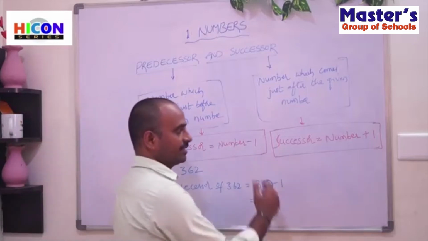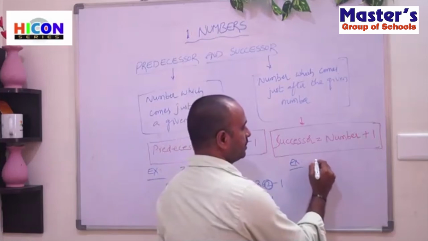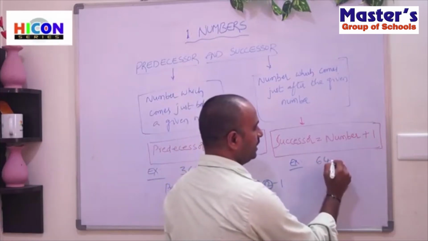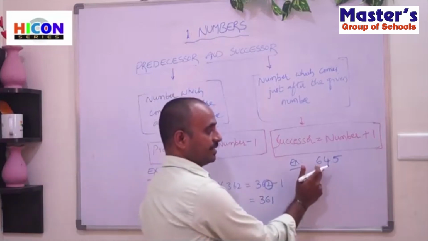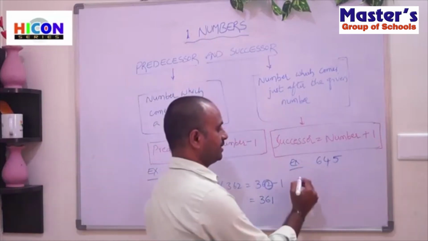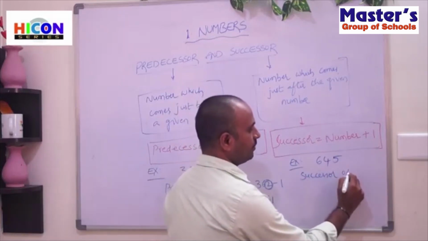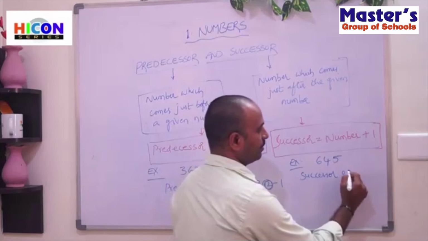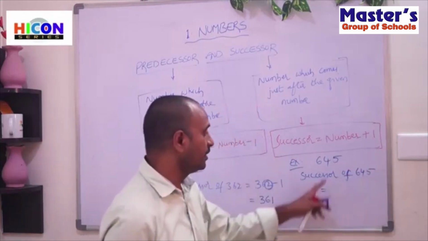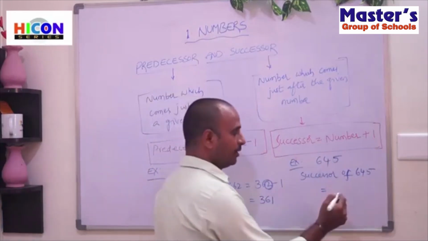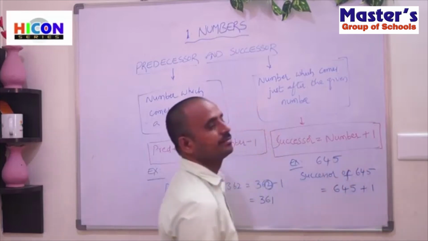Next, how to write the successor for a given number? For example, the given number is 645. Write the successor of this number. The successor of 645 is equal to, so we can obtain the successor of the given number by adding 1 to the given number. 645 plus 1.